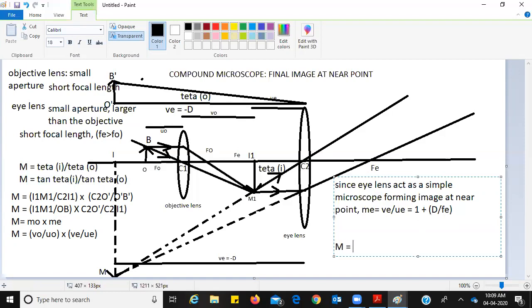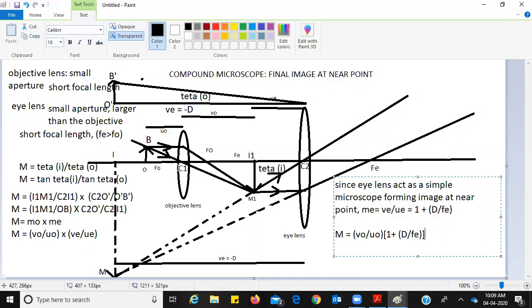M is equal to VO by UO into 1 plus D by F, 1 plus D by F. We apply sign convention.